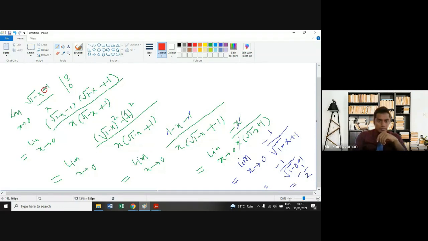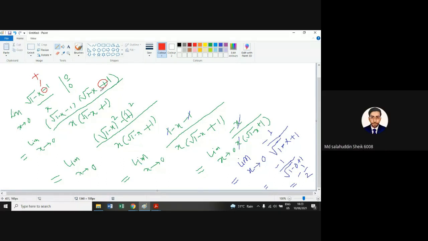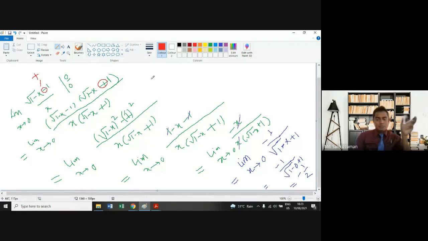So when it is minus, I multiply the numerator and denominator by its opposite sign. What is the opposite sign? Plus. That is why I have multiplied by plus. Somehow we have to make the a square minus b square formula. Clear, everybody?